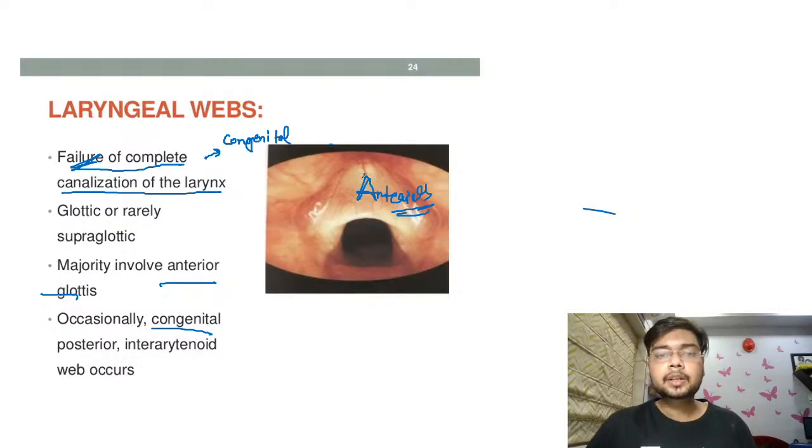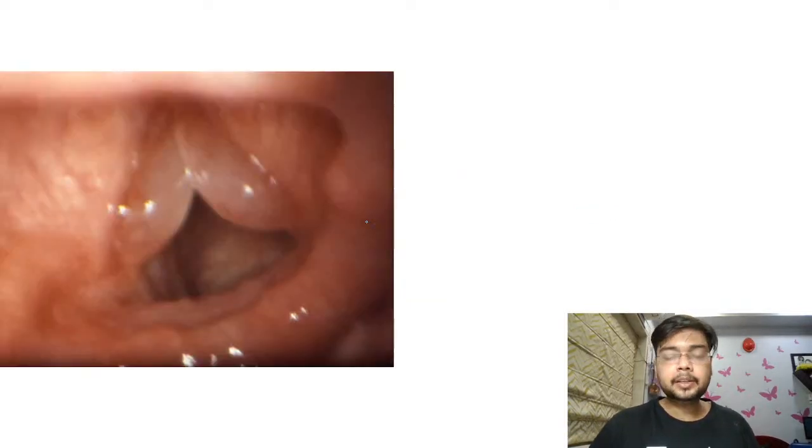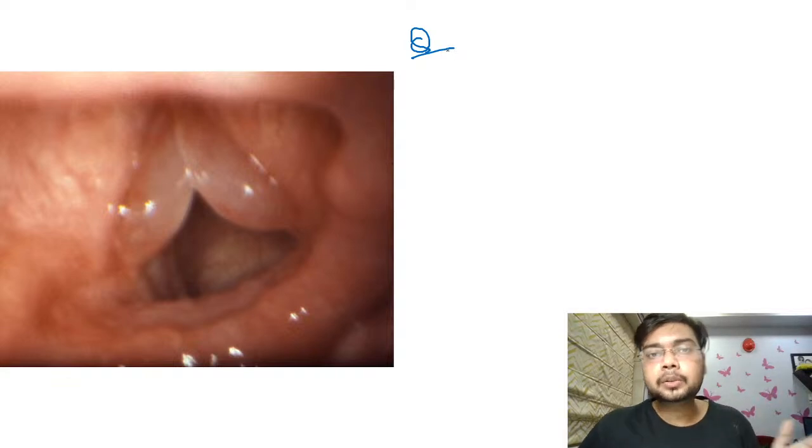What you can do is, with the help of a coagulator, you can excise them and use some separators so that they do not get adhered again. There is another picture which is quite similar to the previous one, but you need to differentiate between them.